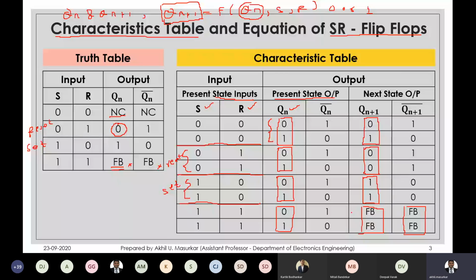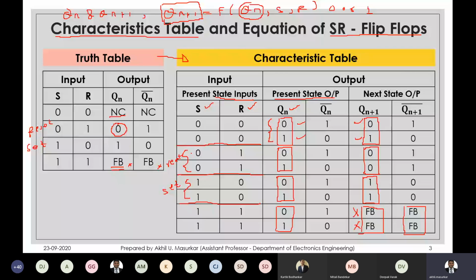So you can see I wrote the characteristic table from the truth table only. But now I included two possibilities of Qn, that is 0 and 1. Based on the truth table, for 0 0 it was no change. No change means if Qn is 0, output will be 0; if Qn is 1, output will be 1.